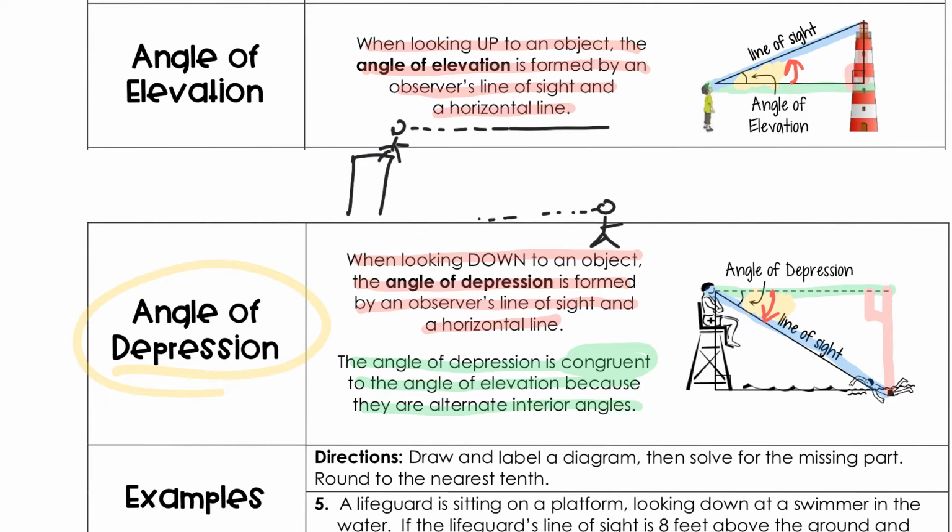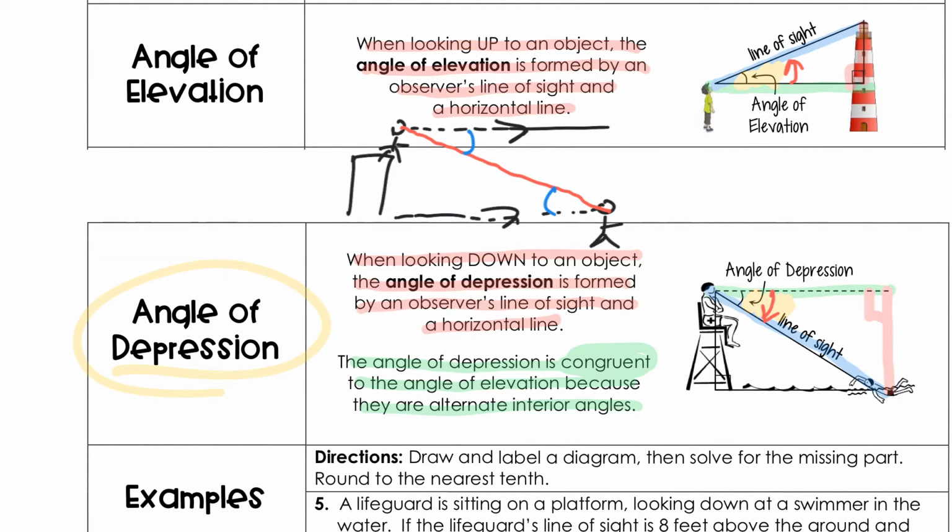Our lines of sight are parallel. So now, as I look down at you and you look up at me, that would be the transversal. So therefore, alternate interior angles are congruent. So the angle of elevation and the angle of depression formed are congruent.